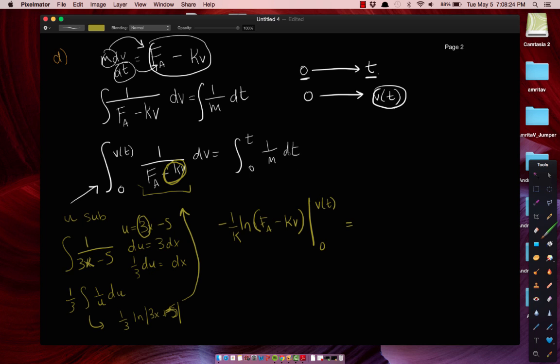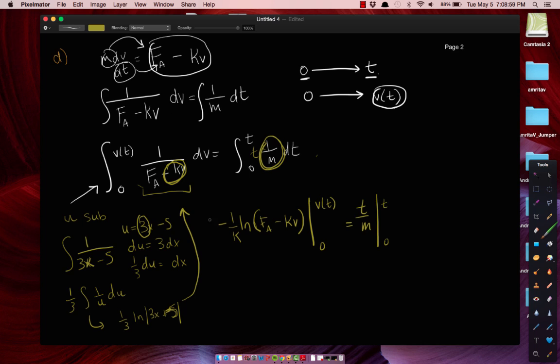We have to integrate 1 over m, so it would be t over m, from 0 to t. Because m is a constant, 1 over m is a constant, so you're just adding another t. It's just simple integration: t over m from 0 to t. And so now we have this, and we have to solve this.